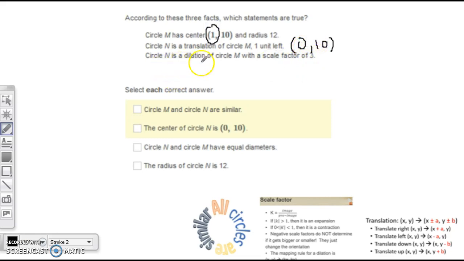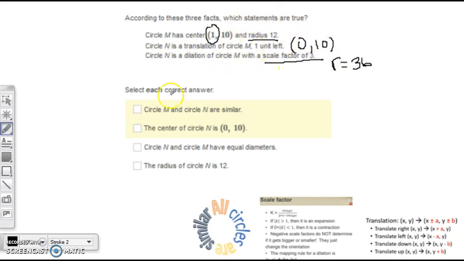Then it says circle N is a dilation of circle M with a scale factor of 3. So if we started with a radius of 12 and we made it 3 times bigger, our new radius is going to be 36. I say with no confidence, yeah, it is.